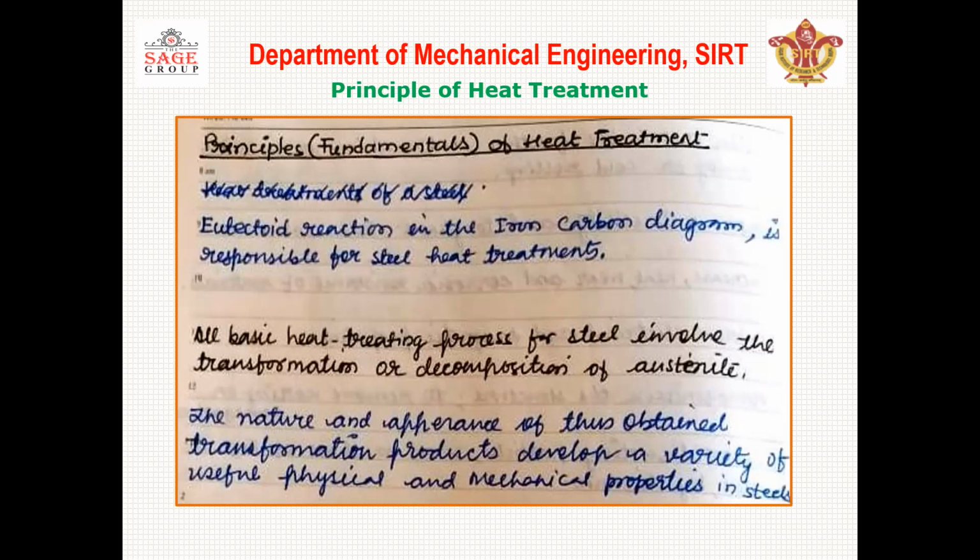All basic heat treatment processes for steel involve the transformation or decomposition of austenite, that is gamma. The nature and appearance of the obtained transformation products develop a variety of useful physical and mechanical properties in the steel.